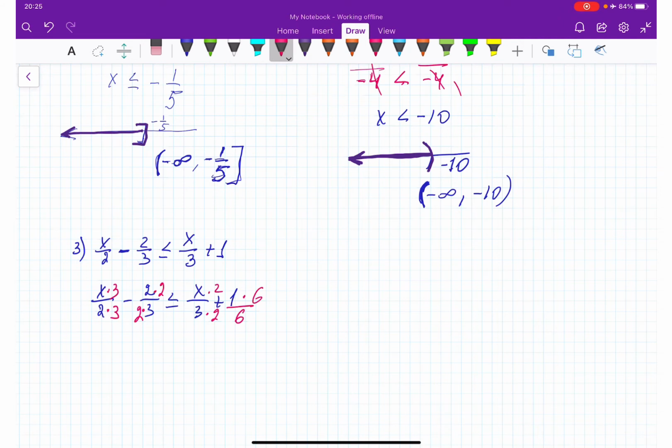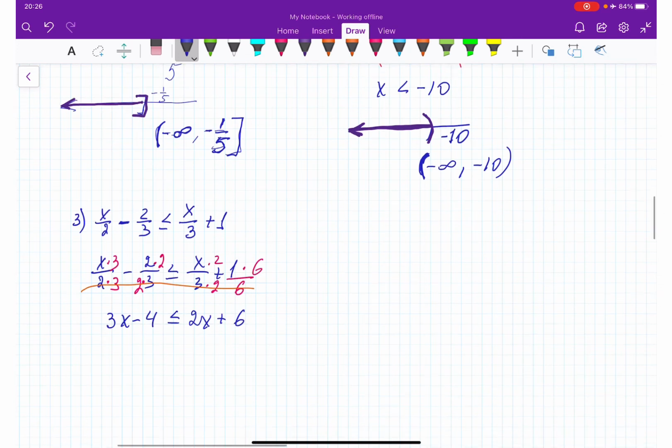We have 6 across the board. So what do we have left? 3x minus 4 less than or equal to 2x plus 6.